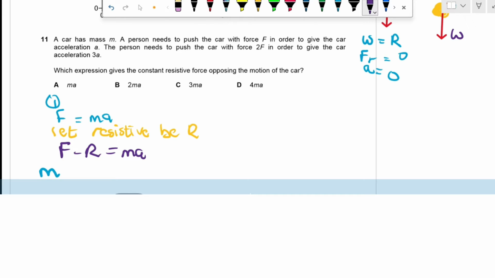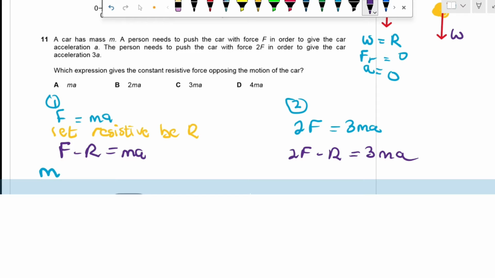That's case 1. Case 2: the person is going to exert 2F, but it's going to cause 3ma. The acceleration is now 3 times. Again, our resistive force is R, so 2F minus R is equivalent to 3ma.